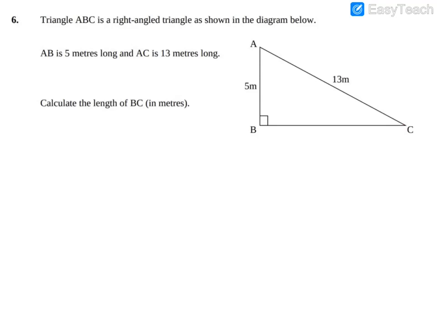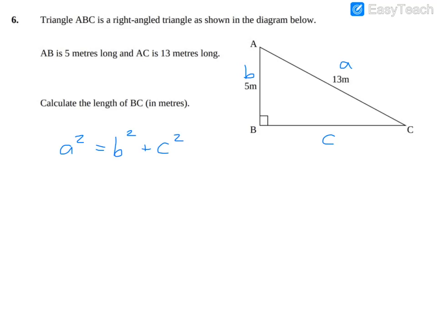And Pythagoras' theorem said that if I've got A, B, C, where A is the longest side, remember we call that the hypotenuse, that A squared equals B squared plus C squared.